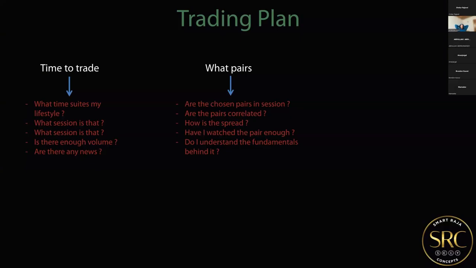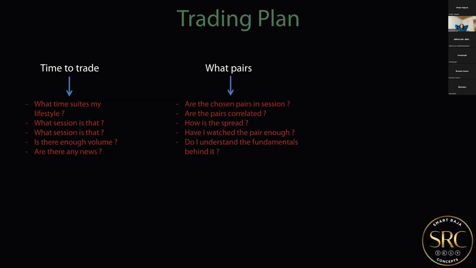The moment you switch to something else, that's where you lose your stride, because now you got to spend the same amount of time on that new pair you've chosen, which kind of eliminates all the progress that you were making on pound USD.